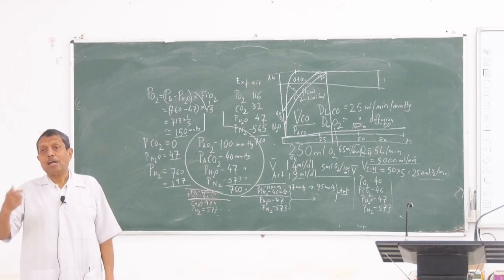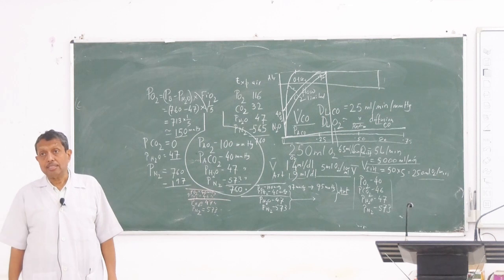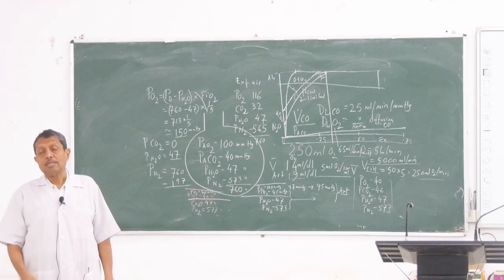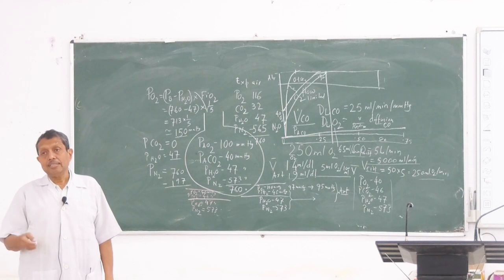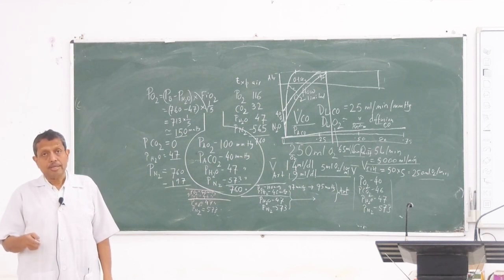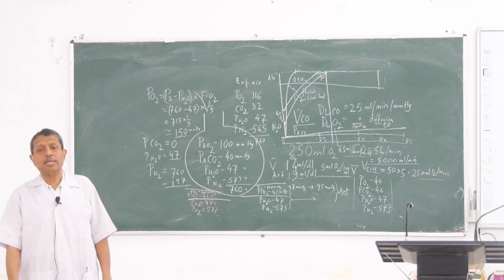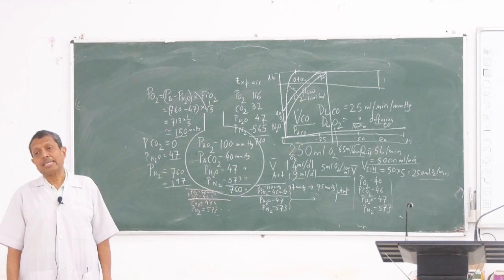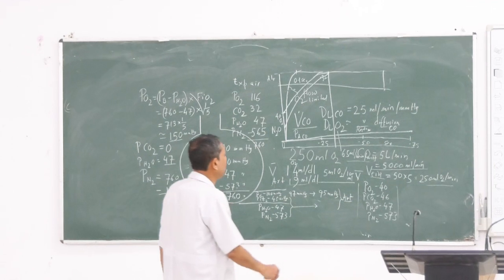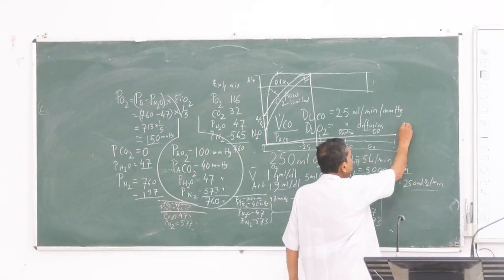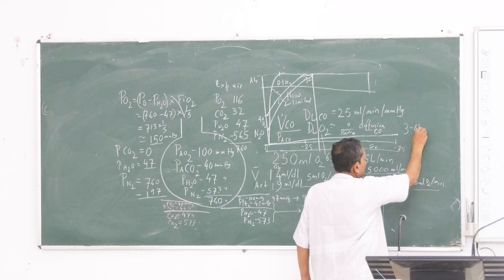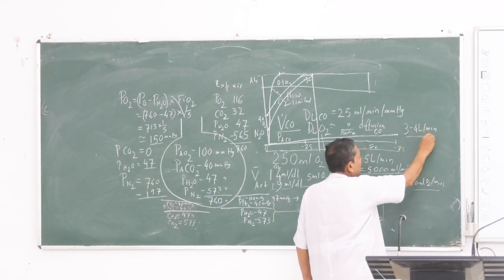And when the blood flow increases during exercise, the cardiac output goes on increasing, but in a normal individual the blood is completely oxygenated. So a huge amount of oxygen can enter, and VO2 max is 3 to 4 liter per minute in an individual maximum.